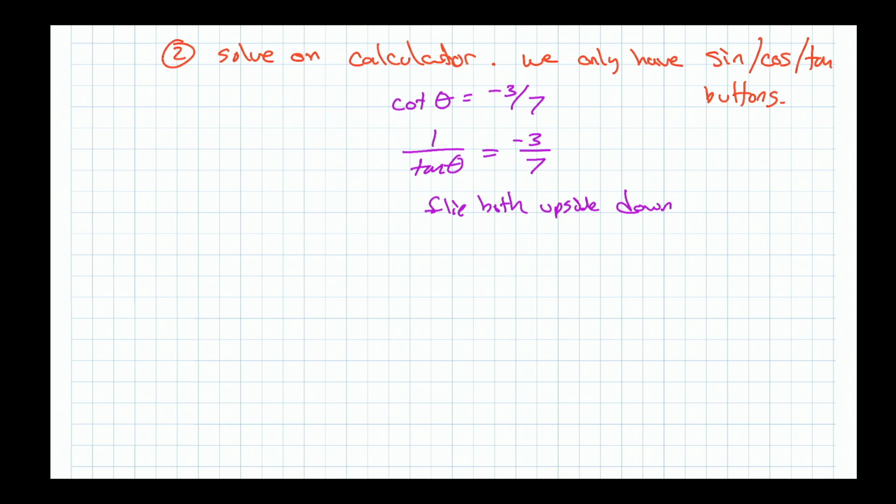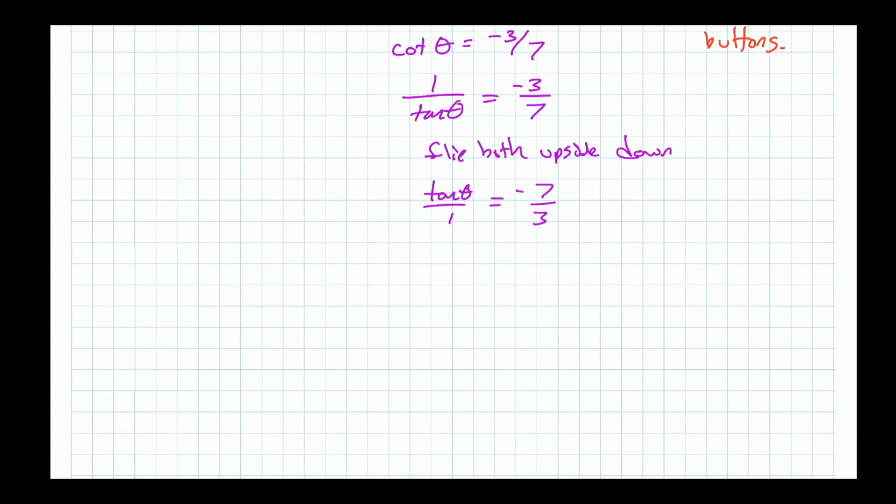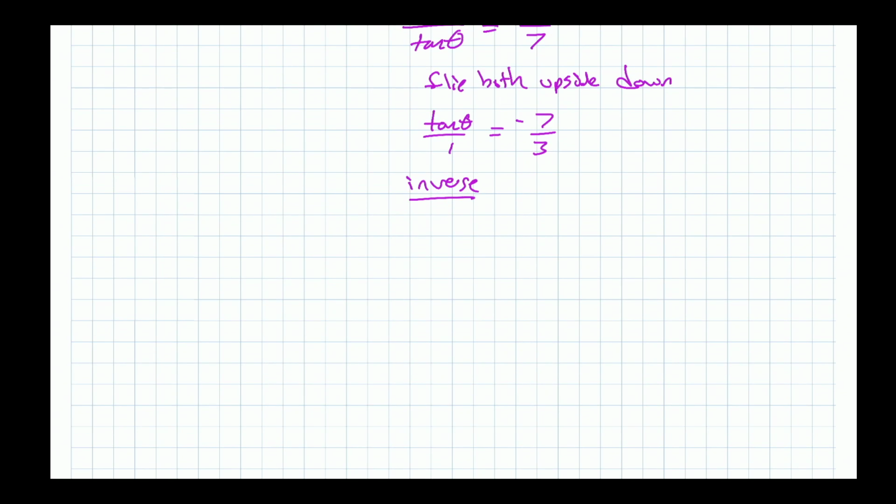So 1 over tangent will become tangent over 1, and instead of 3 over 7, it's going to be 7 over 3 negative. Okay, and then finally we can do our inverse. So theta is going to be tangent inverse of negative 7 over 3. So we need a calculator for that.